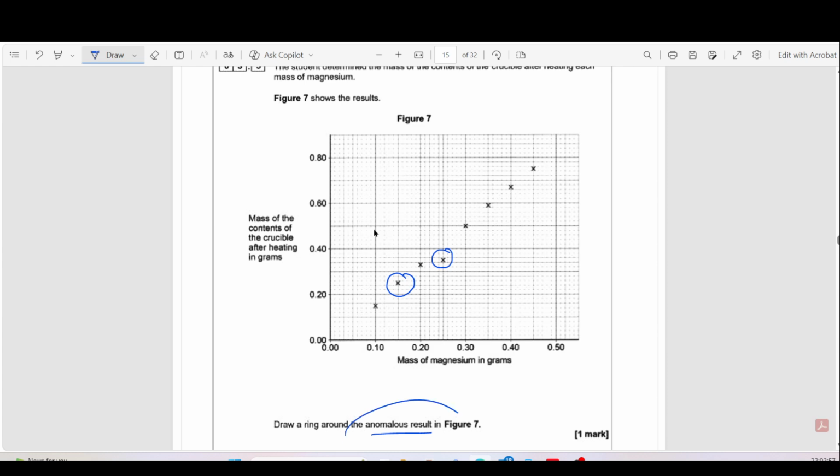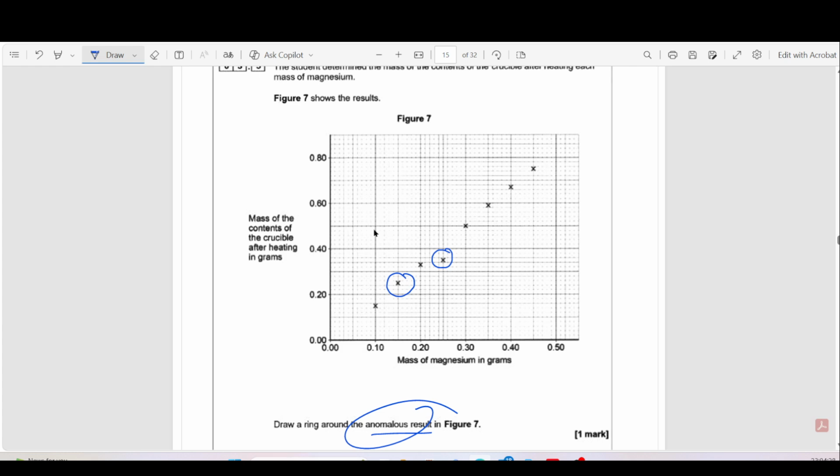Let's first talk about this. Anomalous result basically is the data point that does not fit the overall linear trend which is formed by the other results. Okay, so in this experiment, heating magnesium to form magnesium oxide, the mass should increase proportionally, right? So an anomalous result is too low.